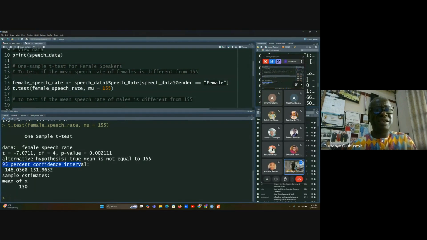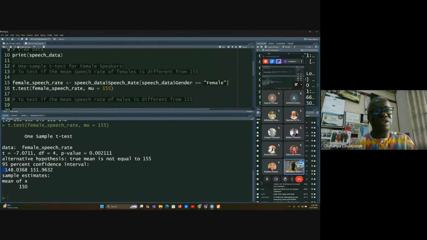That again leads to what we call the confidence interval, which gives you the range of possible values in which the unknown mean speech rate for female will lie.